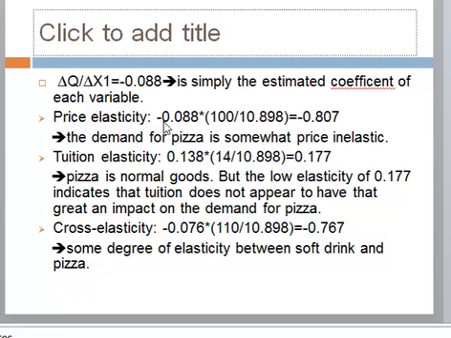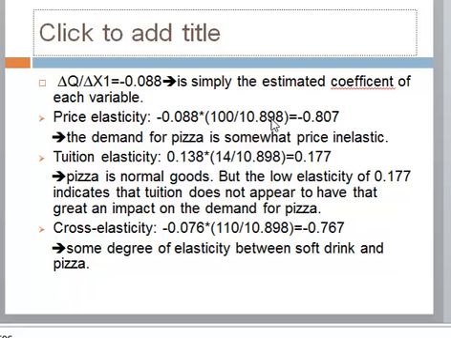So price elasticity is minus 0.088 times 100 divided by 10.898. This 100 is given information. We assume the price is 100 cents, and this 10.898 is the value we just calculated for the quantity.